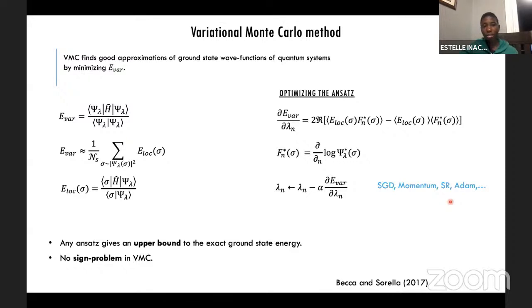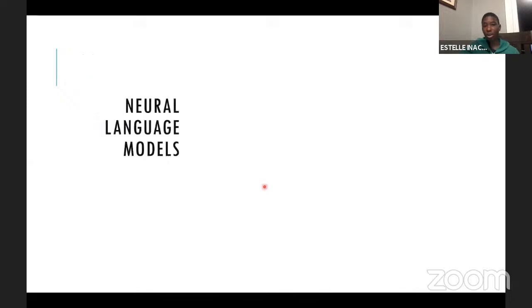Right. So next, which kind of ansatz did we use? As you can guess, we use actual neural networks, but there are so many different kinds of neural networks. So which one? We chose neural language models. These are models that are used in natural language processing.